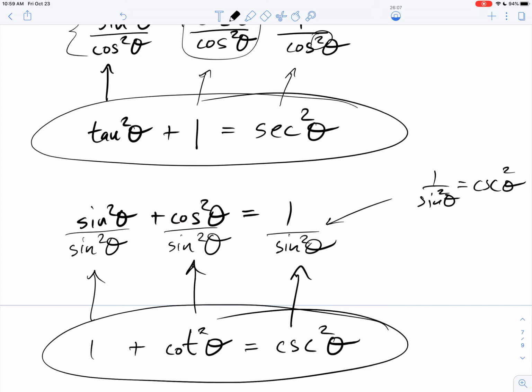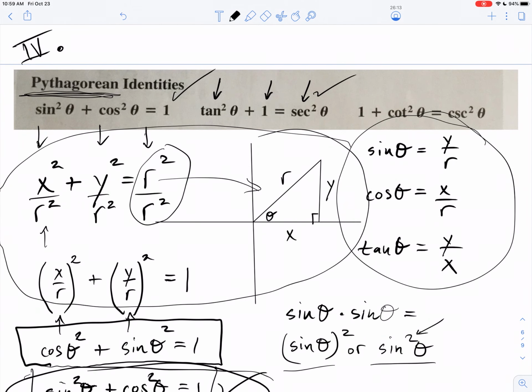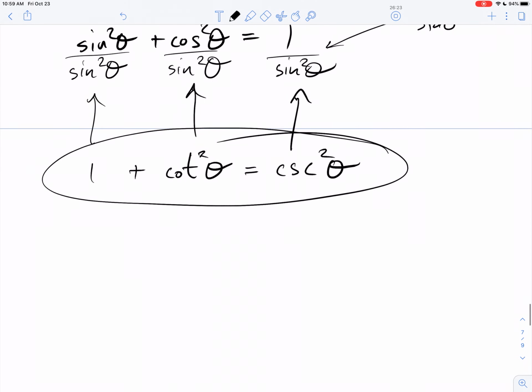Now, in the book, they write 1 plus cotangent squared. They do write it that way, 1 plus cotangent squared. See, I don't write it that way, and I'll tell you why. Because I like some cool tricks to help me remember stuff. So whenever I write this one out, I put this guy first, I put this guy second, and I put this guy last.